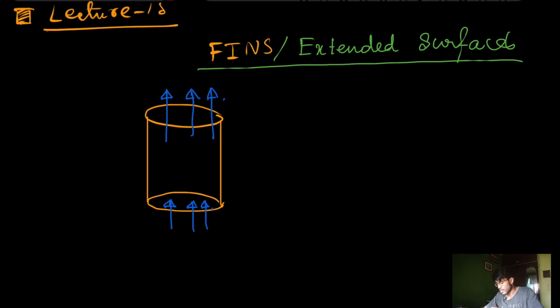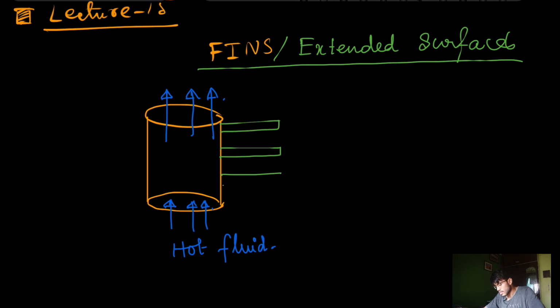Okay. Now what are fins? Maybe a hot fluid is flowing. Then I can have some extended surfaces like this. The surfaces can be arranged like this throughout the cylindrical body in a particular pattern.